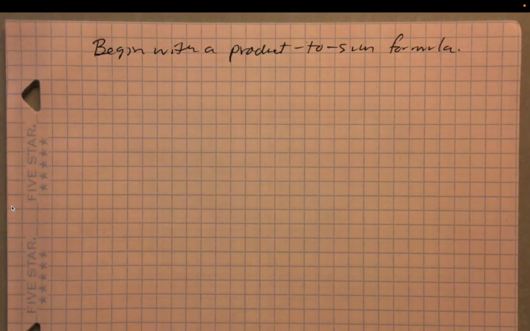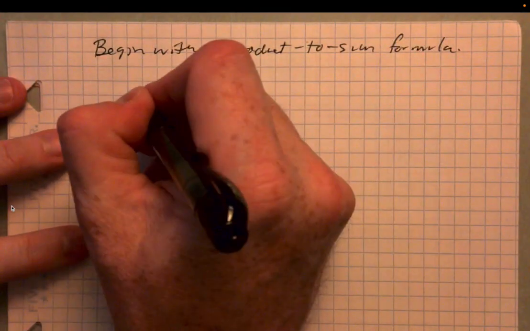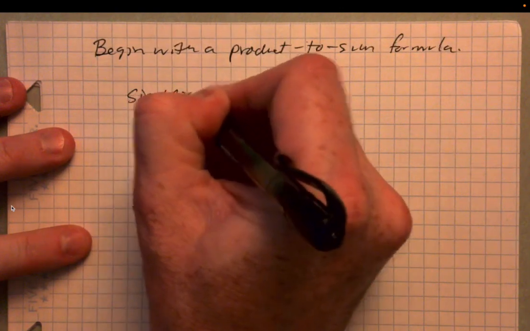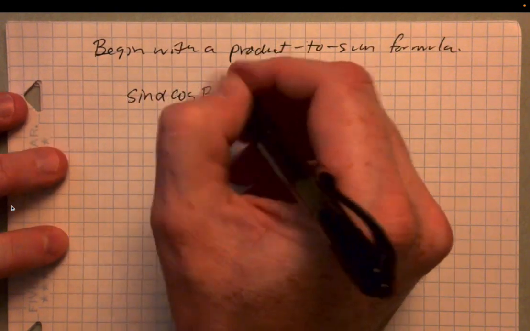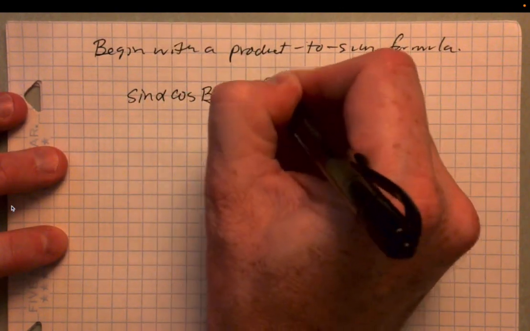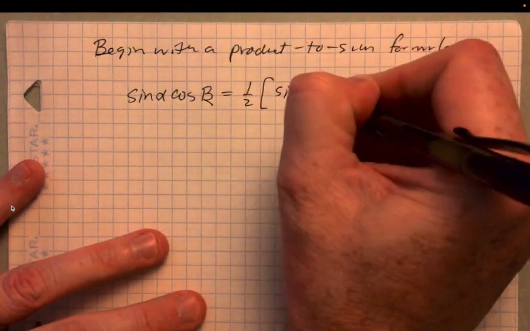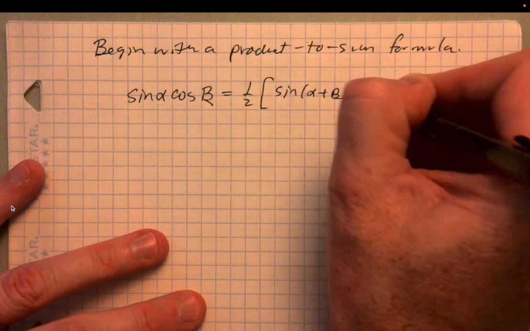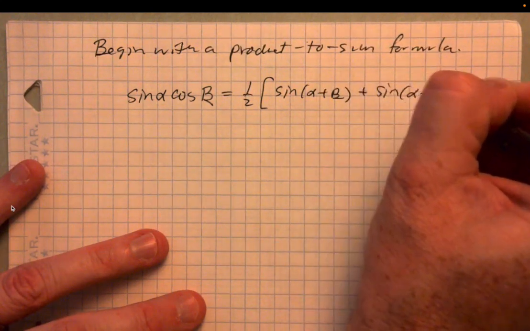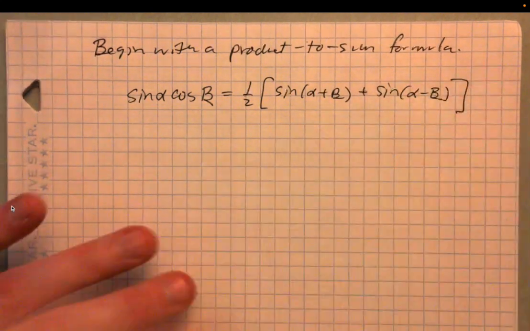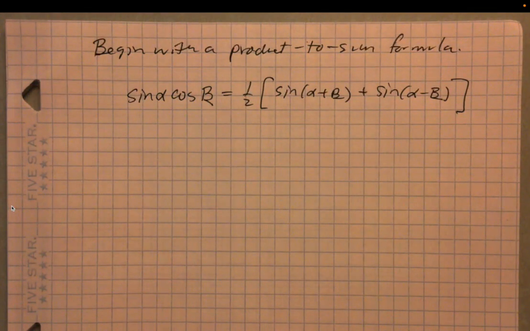The one we'll use is sine alpha cos beta, and we know that that's equal to 1/2 times sine of alpha plus beta plus sine of alpha minus beta.